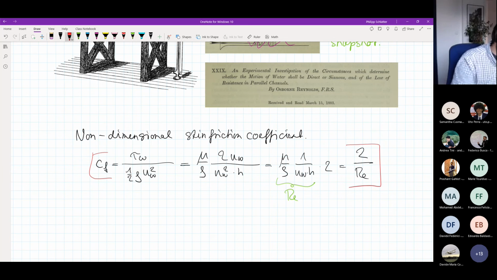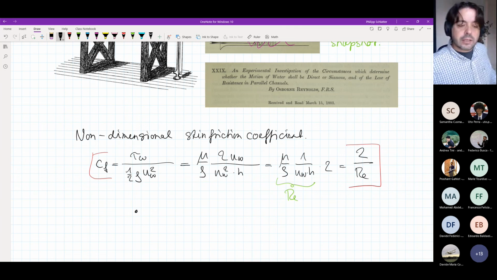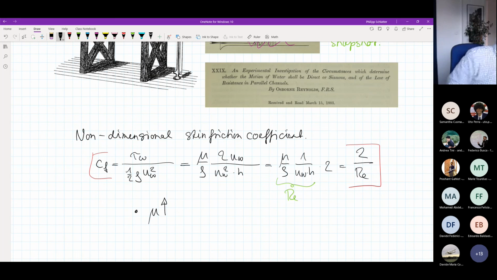So now I have found a law that relates in a very general way the skin friction to the Reynolds number. Whatever velocity, whatever h I have, I can directly tell you what the CF is. It's 2 divided by Reynolds number. And that also makes sense if you go a little bit deeper into the equation. Let's see what happens if the viscosity goes up.